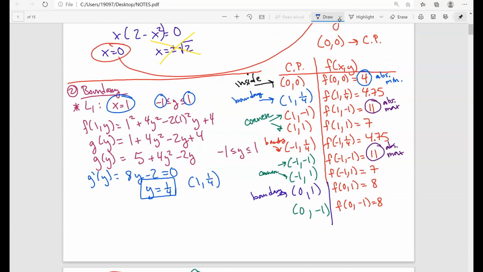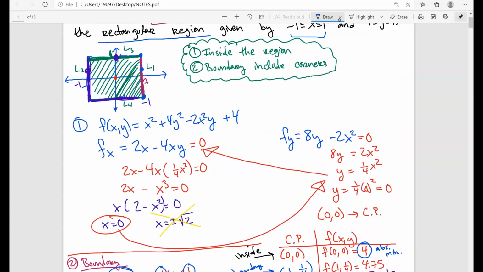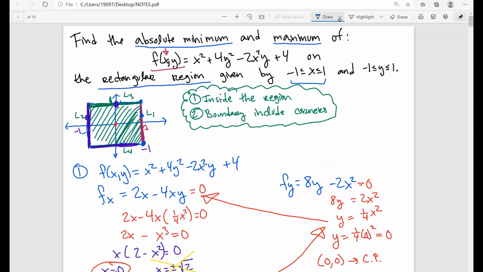Just be aware that if you had something completely different, like a triangular region or something, you do have to check every single boundary, so every single side. So yeah, that's how you do this problem.